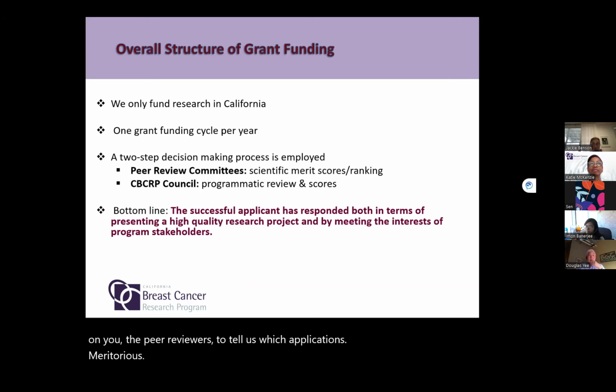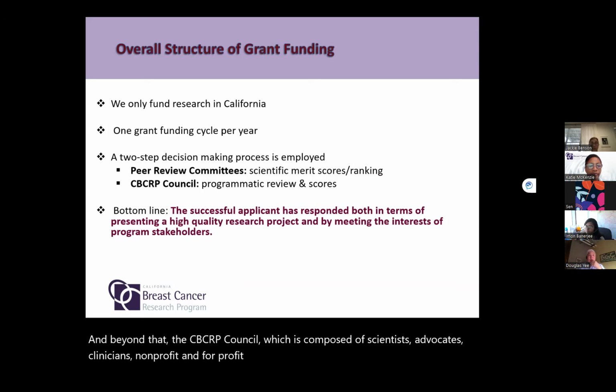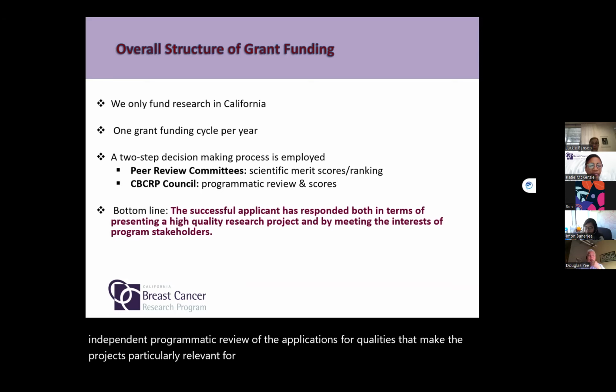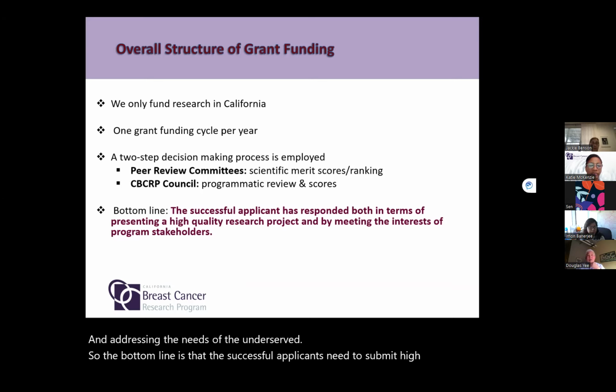Beyond that, the CBCRP Council, which is composed of scientists, advocates, clinicians, and nonprofit and for-profit organization representatives, conducts an independent programmatic review of the applications for qualities that make the project particularly relevant for CBCRP. A couple of examples of that are the levels of advocacy involvement described in the project, and addressing the needs of the underserved. So the bottom line is that successful applicants need to submit high quality, programmatically relevant research projects.